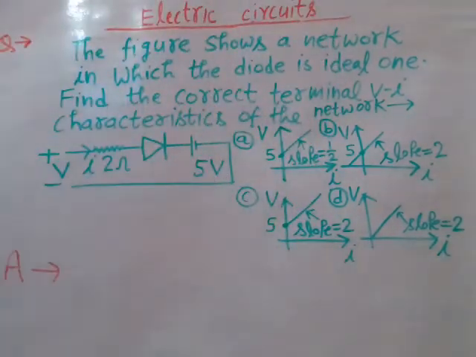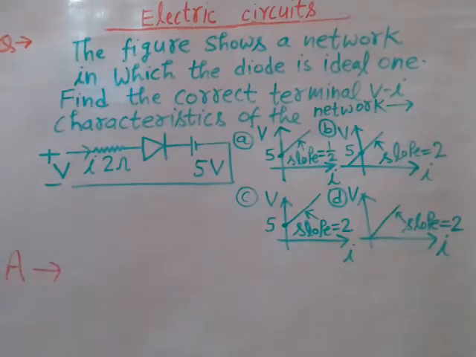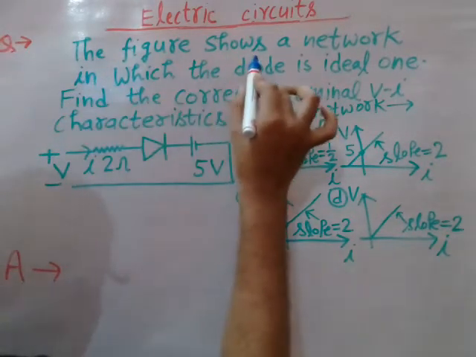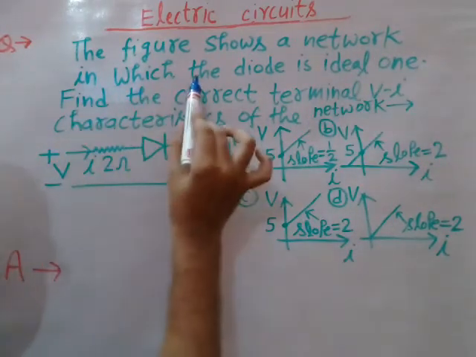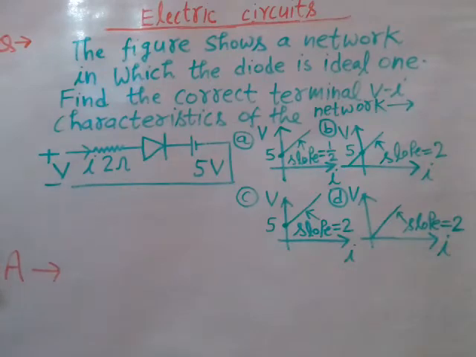This question has been asked in your EAC 2002 examination. Let us solve this. First, please read the question statement. The figure shows a network in which the diode is ideal, right?